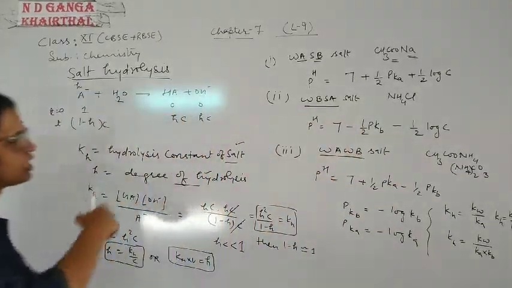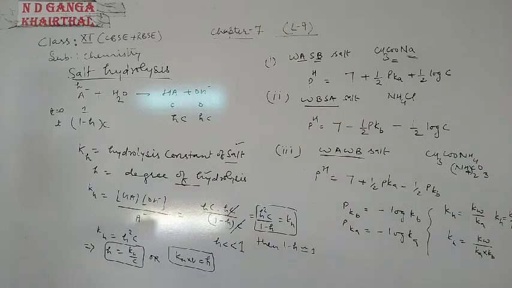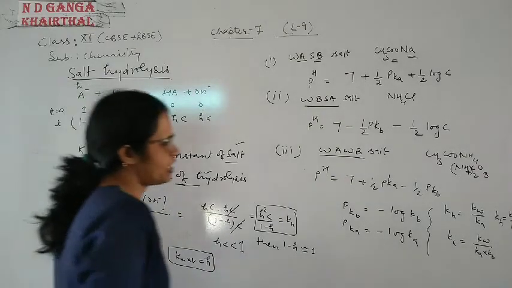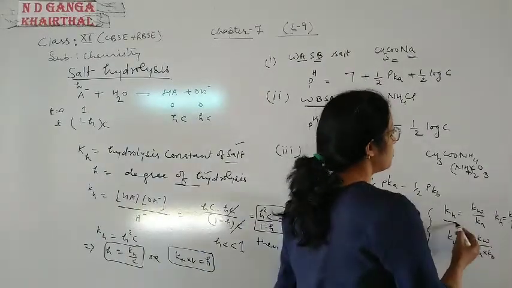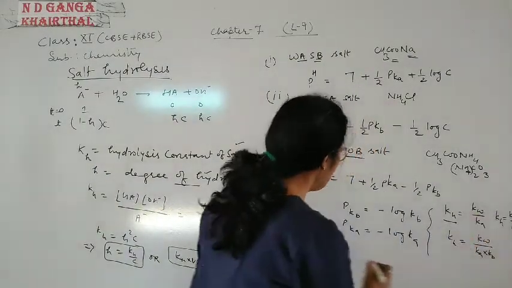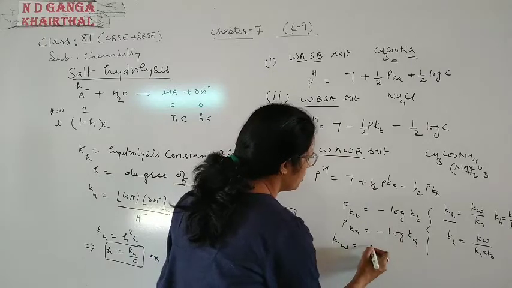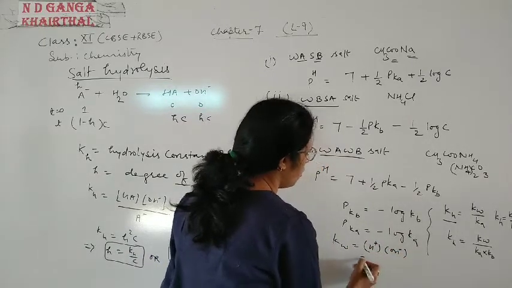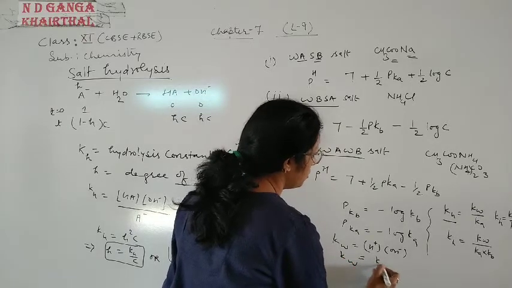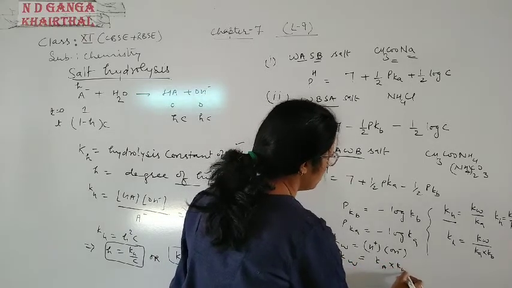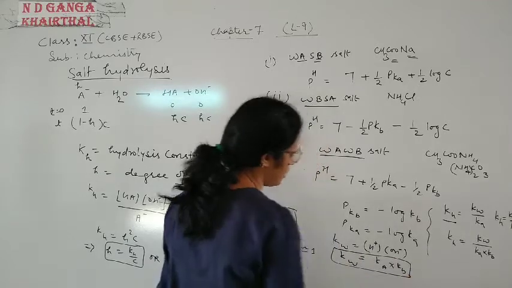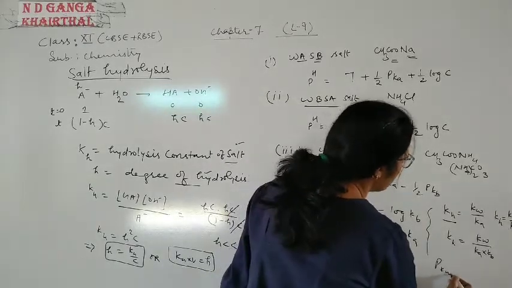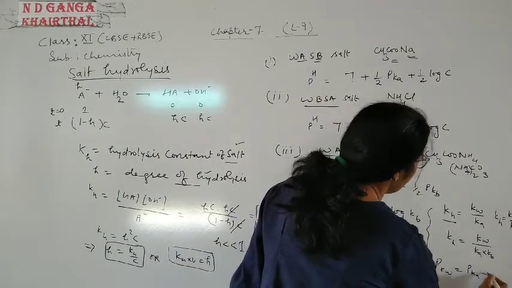So by using these formulas, we can calculate various types of questions in which we calculate the hydrolysis constant. Kw is H+ into OH-, or we can say Kw is Ka into Kb. So pKw is equal to pKa plus pKb.